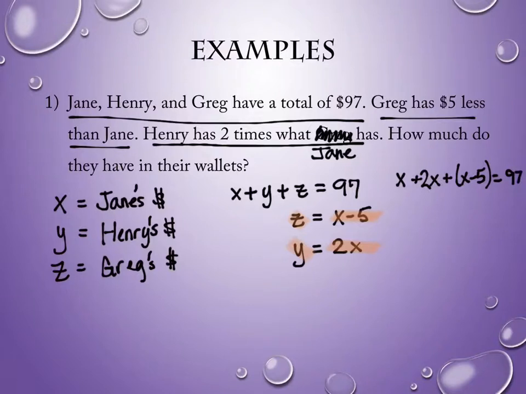Lovely. So how many x's do I have on the left? There are 4 x's. 4x minus 5 equals 97. If I add my 5, what is 97 plus 5? 102. And then what is 102 divided by 4? 25.5.